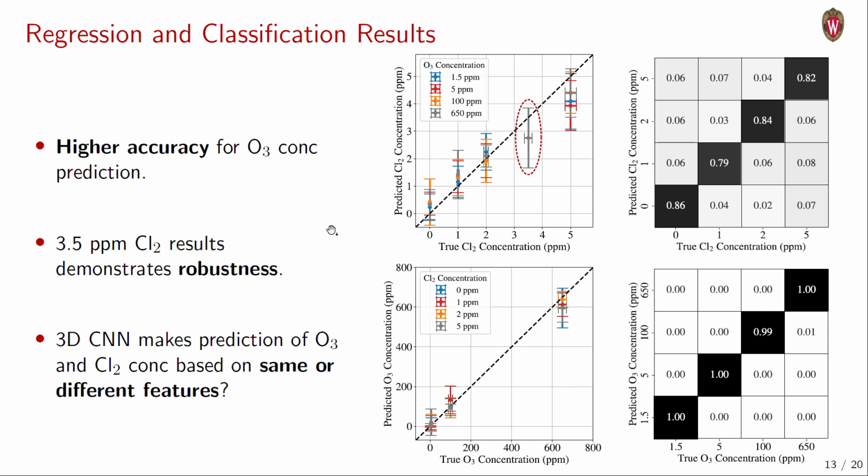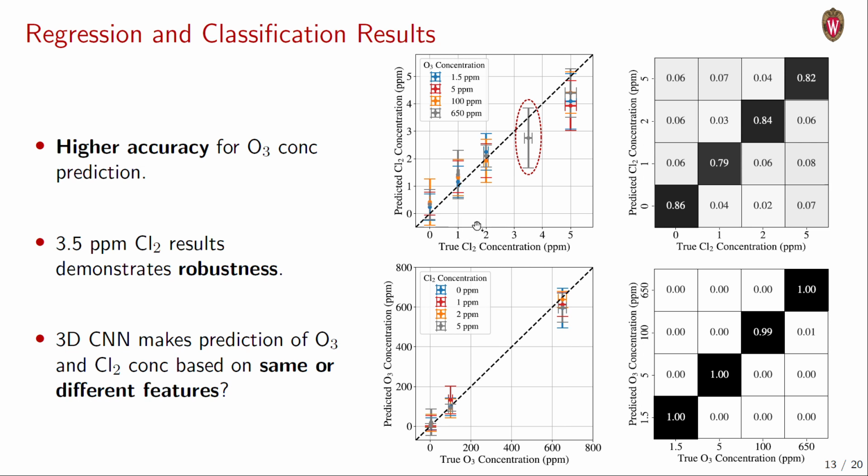We are interested in detecting the existence and predicting the concentration of chemicals. So we perform the concentration regression and the classification tasks. The first parity plot shows the predicted and the true chlorine concentration when we fix different ozone concentrations.